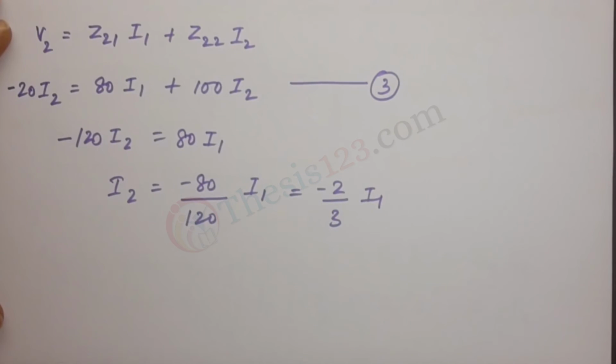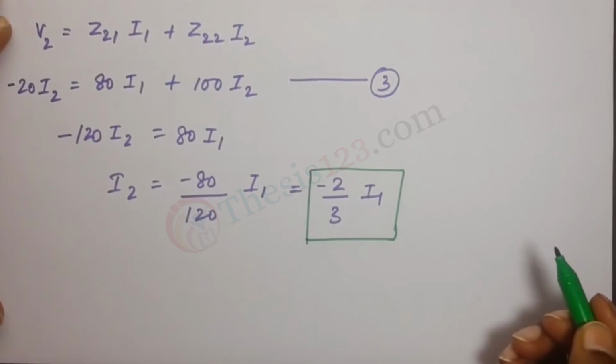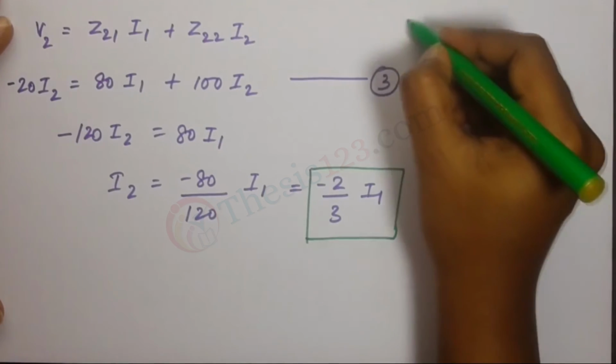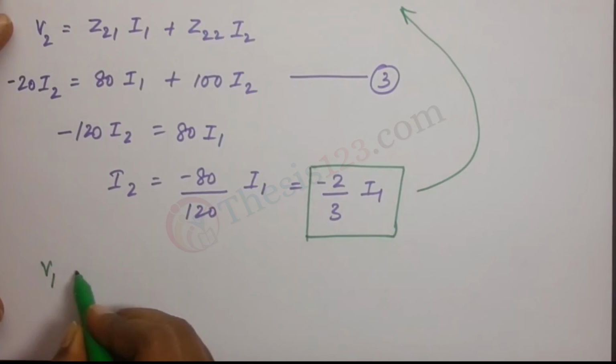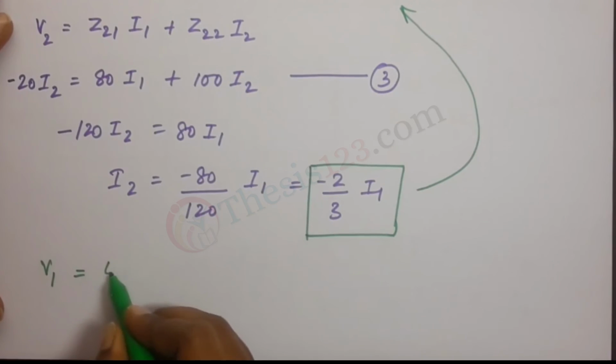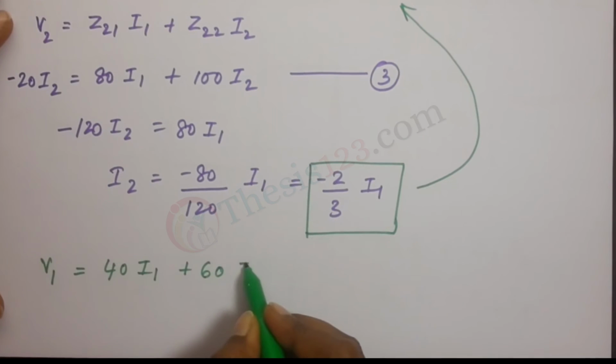Let's substitute this into equation 2. So what will we get? We'll get V1 is equal to 40 I1 plus 60 I2.